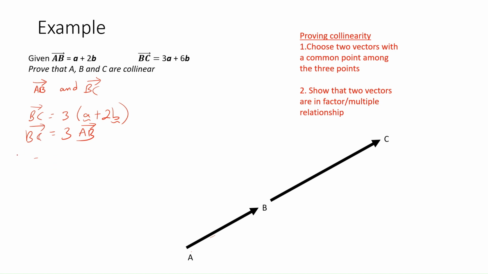So let's just say, then we write, since BC is equal to 3AB, comma, therefore A, B, and C are collinear.